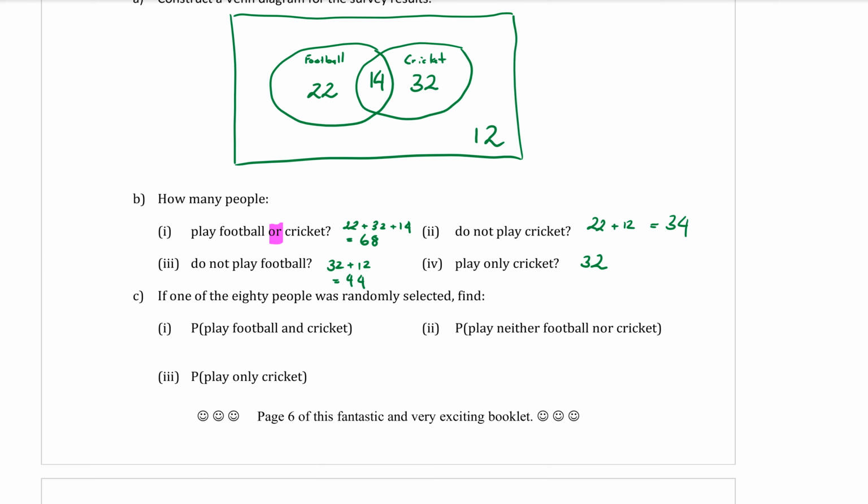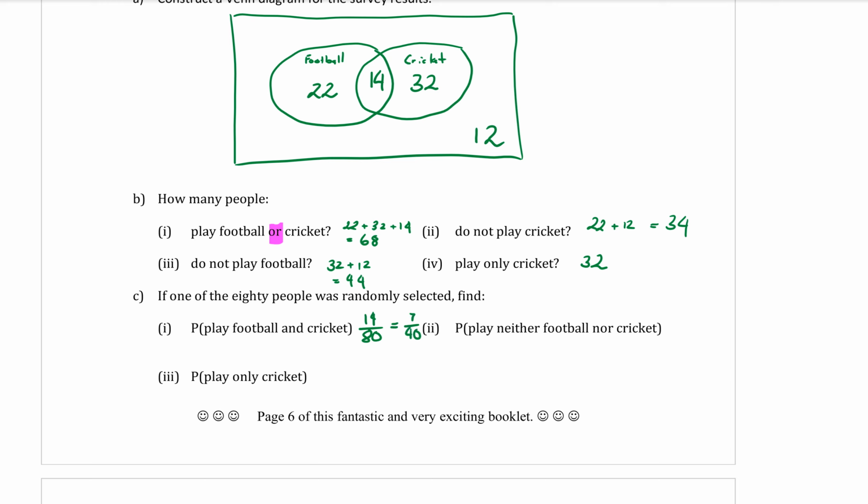Here it is, the and. And means they have to play both, which means overlapping section. 14 people play both, but because we're doing probability, that now has to go over the total, which is 80. 14 out of 80, which simplifies to 7 out of 40.